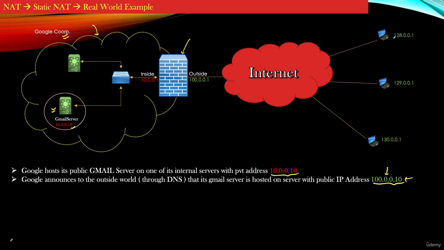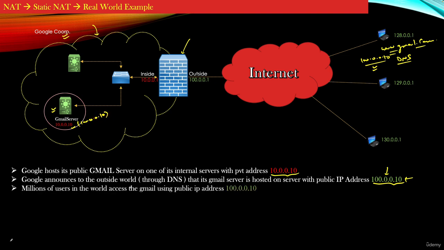Anybody who writes www.gmail.com in the browser, the domain name server or DNS resolution would come into the picture, and it will resolve this URL to the public IP address 100.0.0.10. So all the rest of the world is going to access the Gmail server at this public IP. Let us write this public IP somewhere here, 100.0.0.10.